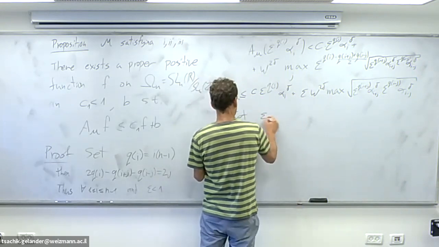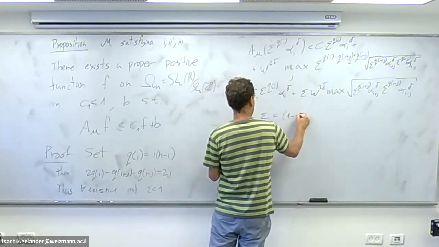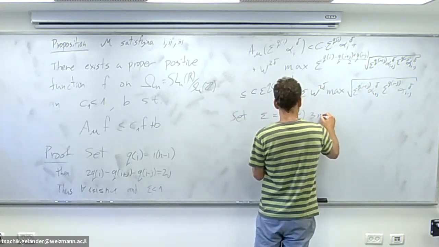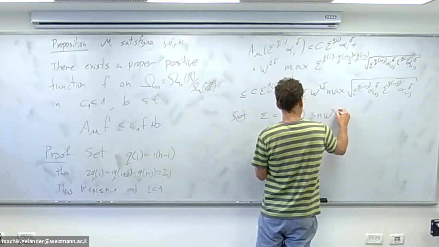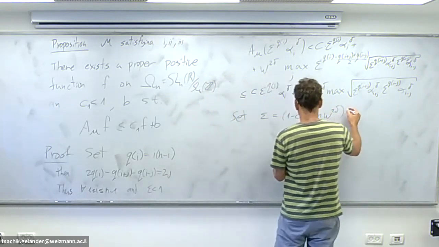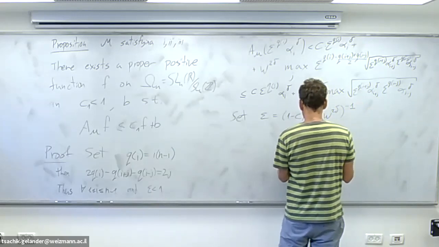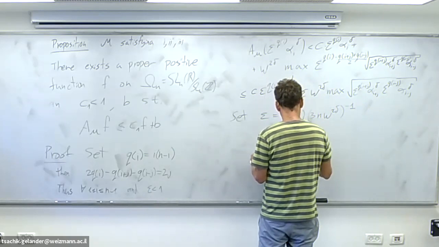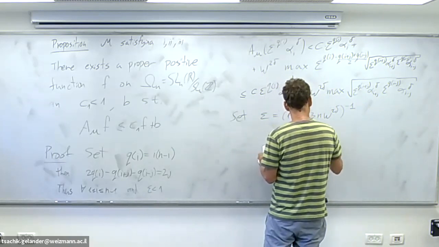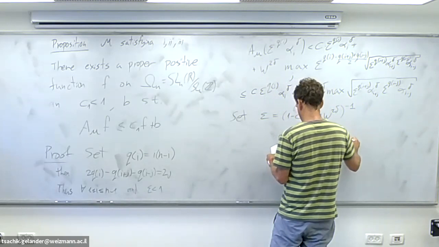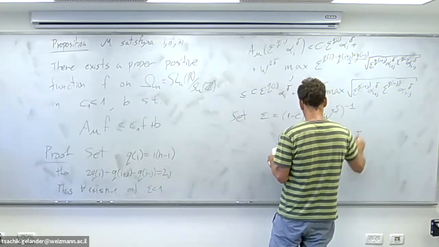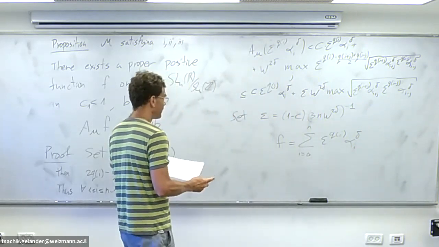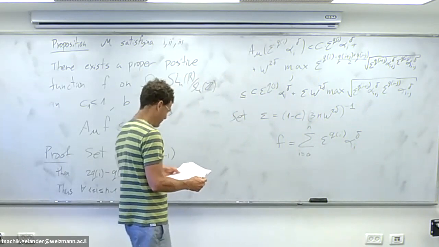Now we decide what epsilon is. Epsilon will be 1 minus C times 3 N W to delta minus 1. And then F will be the function sum over I from 0 to N of epsilon to the Q I alpha I to delta. Quite impressive, no? We do all this to prove Harish-Chandra.